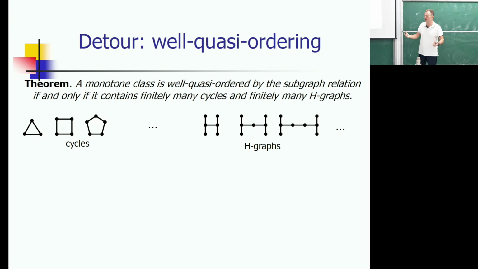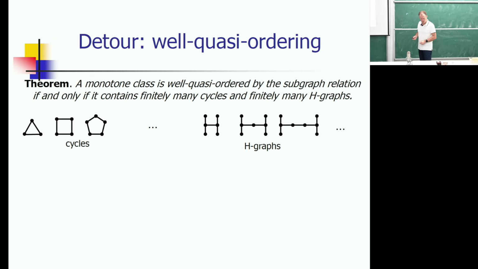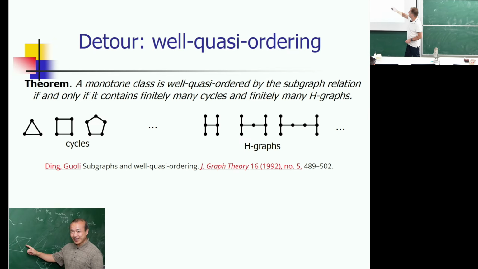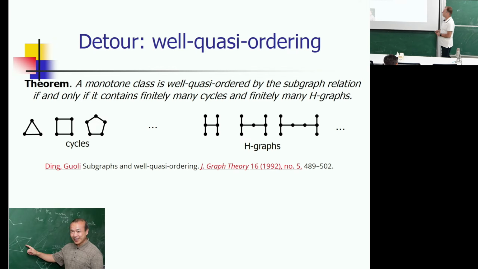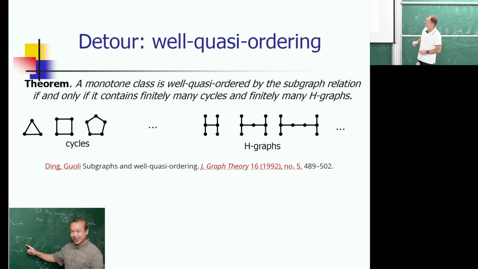And this anti-chain of cycles and the H graphs, in a sense, is the unique anti-chain for the subgraph relation, which was proved by Warwick in 1992. So what he proved is stated in this theorem.